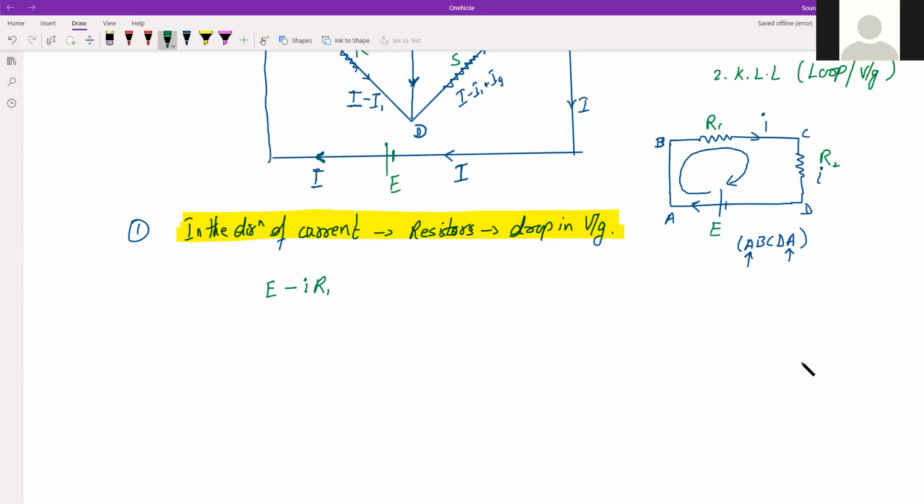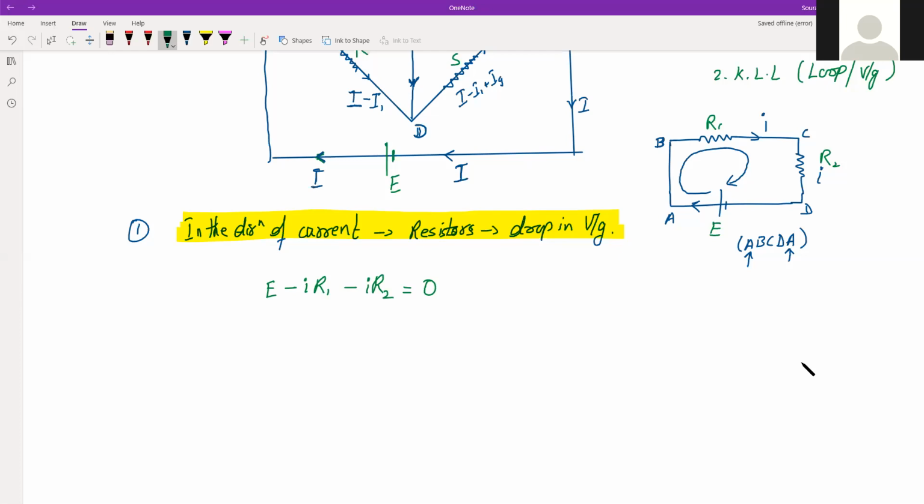Then again, what comes in my path? It is I R2. Again, that is a drop. E was my starting source, so that is positive, and I am going in the direction of current. So ultimately, E was my gain. I R1 and I R2 were my losses or voltage drops, and this total should be equal to 0. That is how applying the voltage rule or the loop rule will give us some equations.